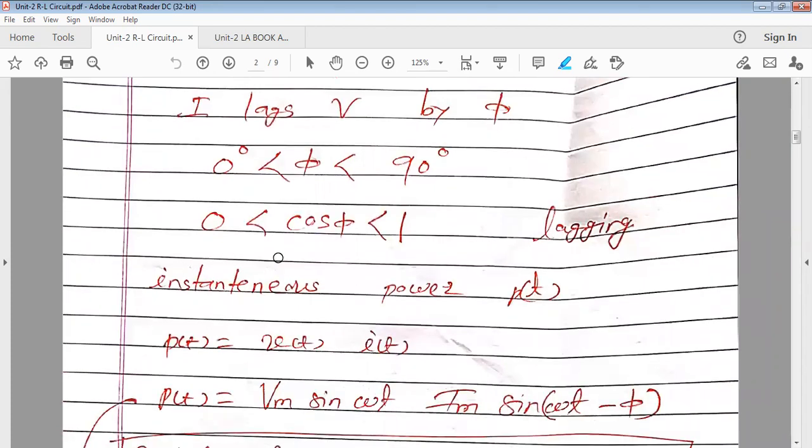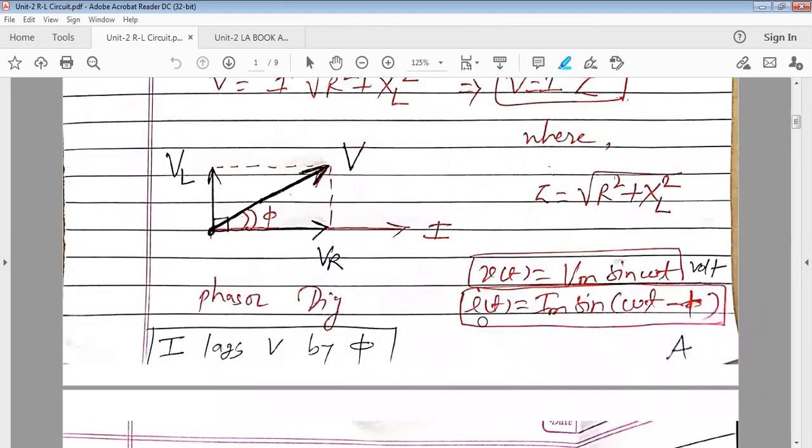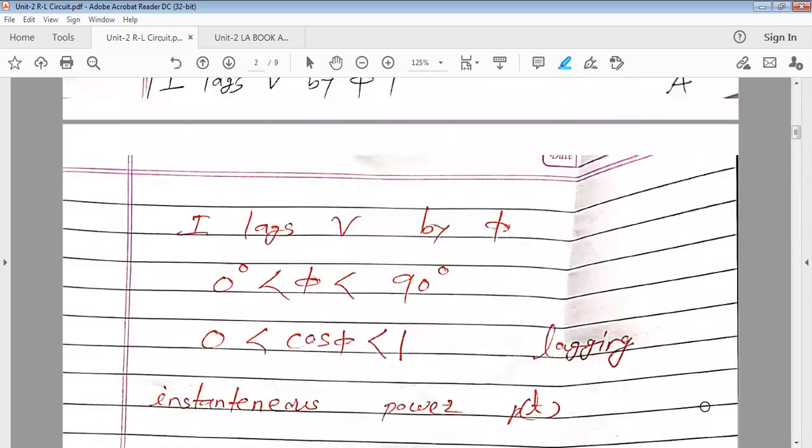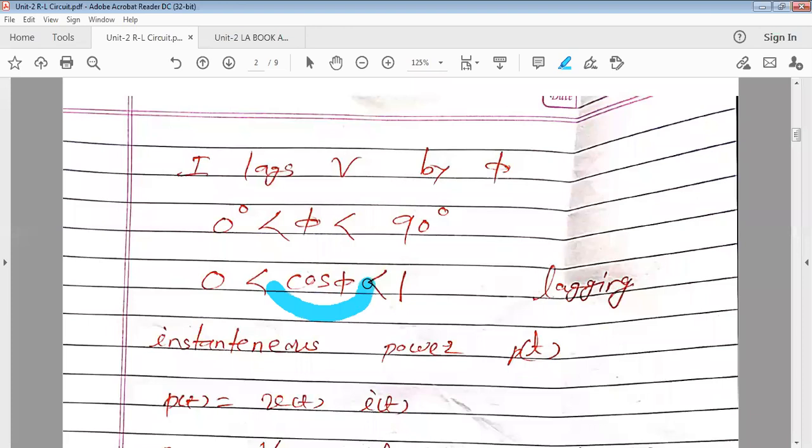So now here one more thing. Is the current lagging or leading voltage? Total current. Lagging. Correct. Total current is lagging total voltage. So whenever you are asked to calculate the power factor, you have to specify its nature also.